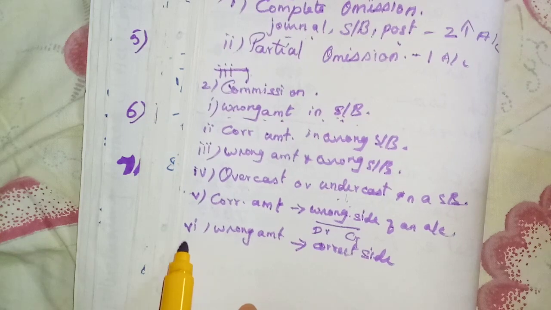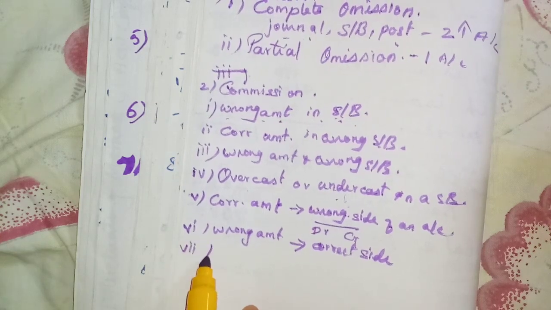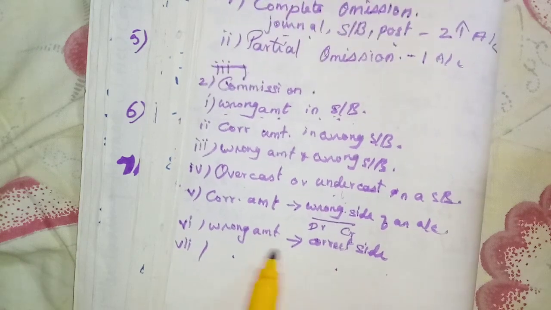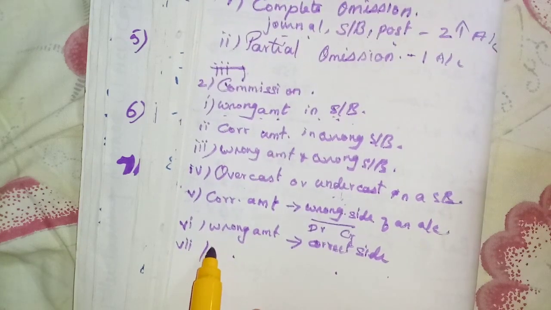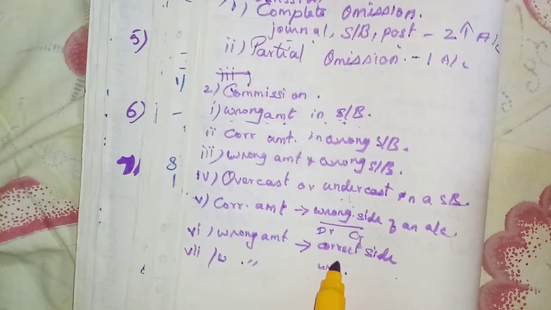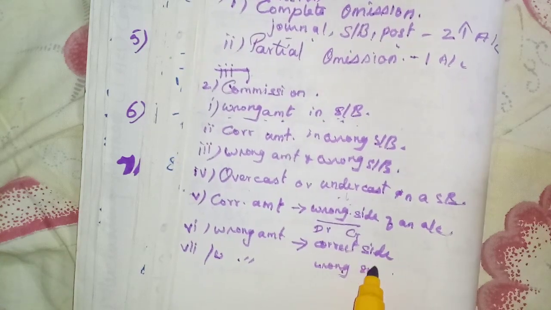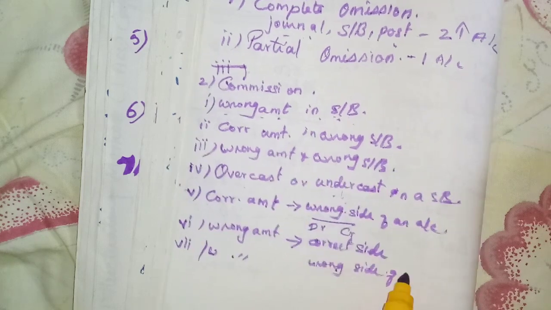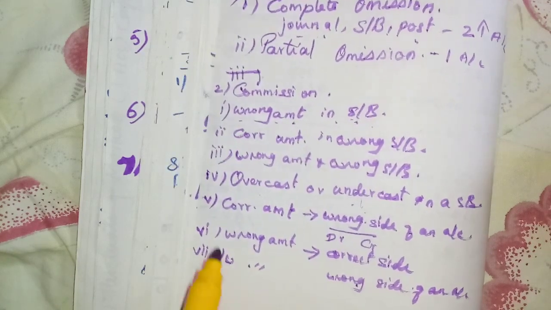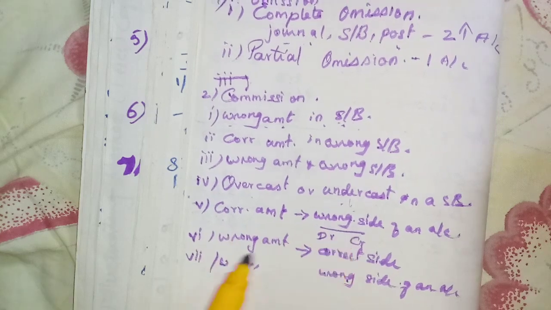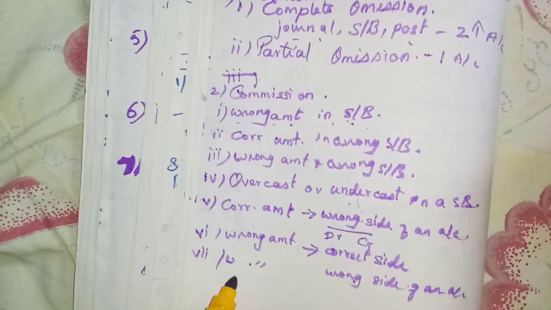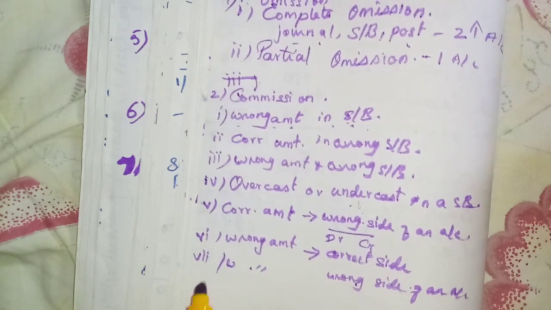Then another way: wrong amount and wrong side of an account, both wrong. Here one is correct and the other is wrong, but here both are wrong: wrong amount, wrong side of an account.